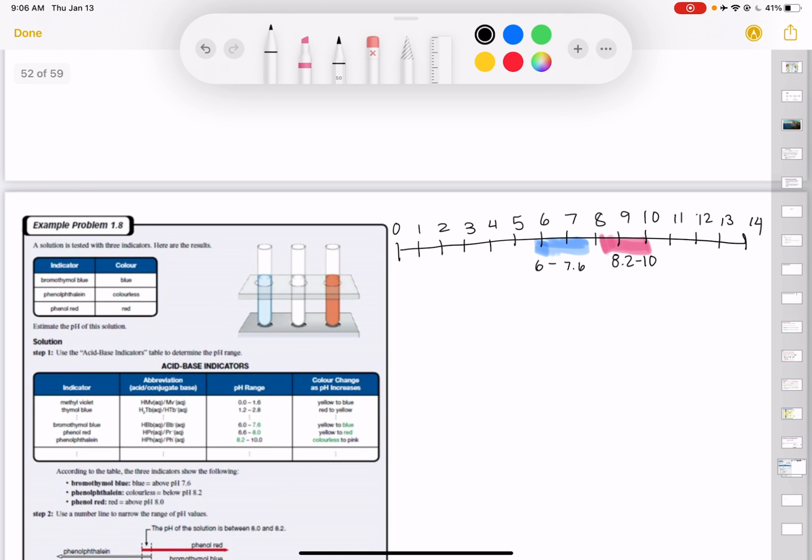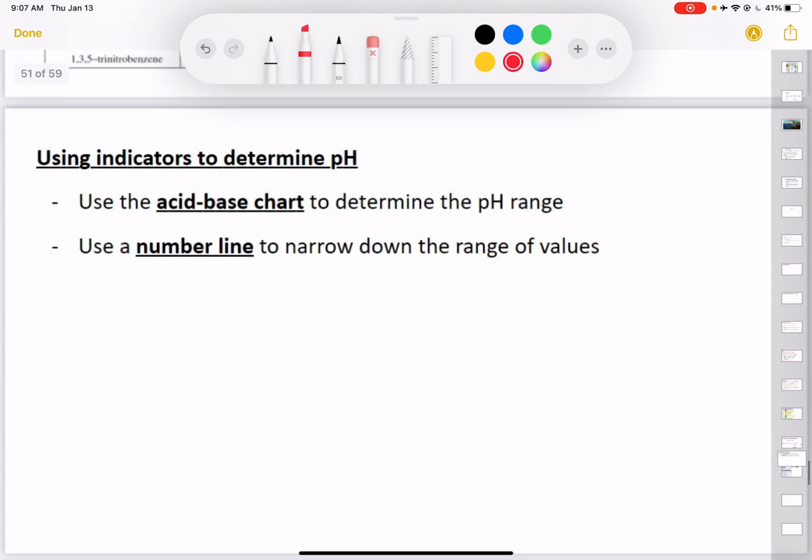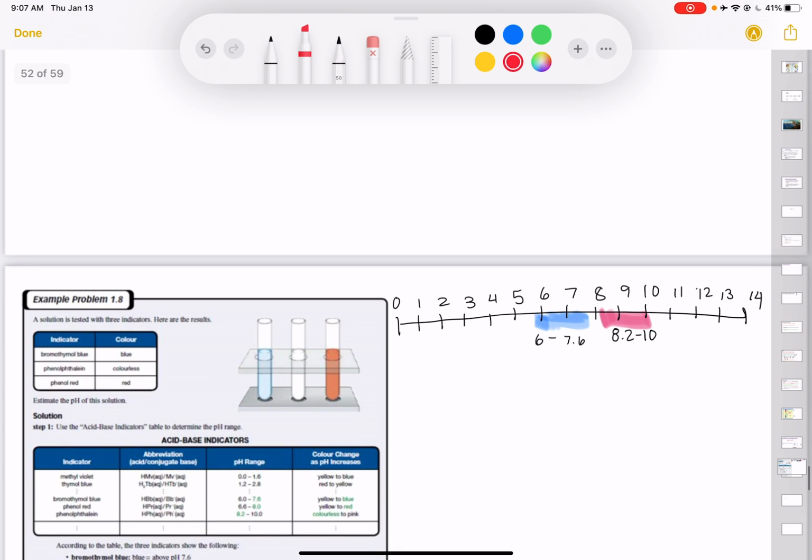And our last one is phenol red. Oh, it's in between. I couldn't find that one. And that's between 6 and 8, right there.